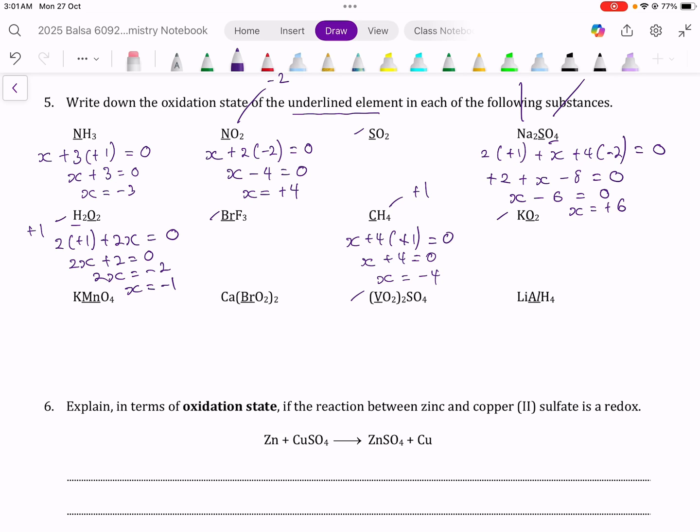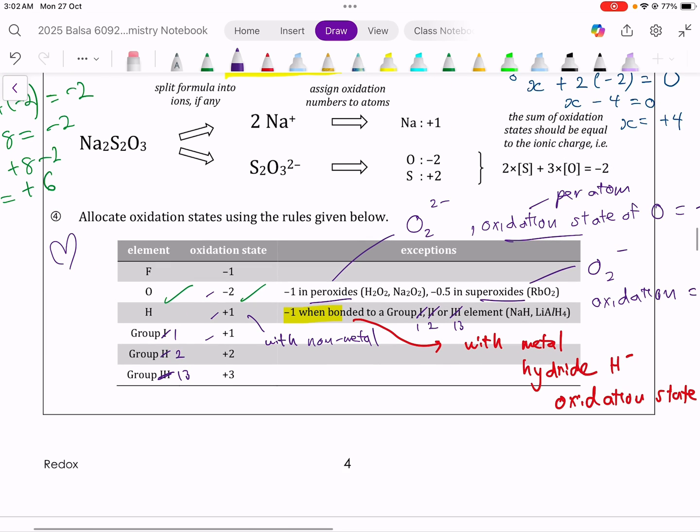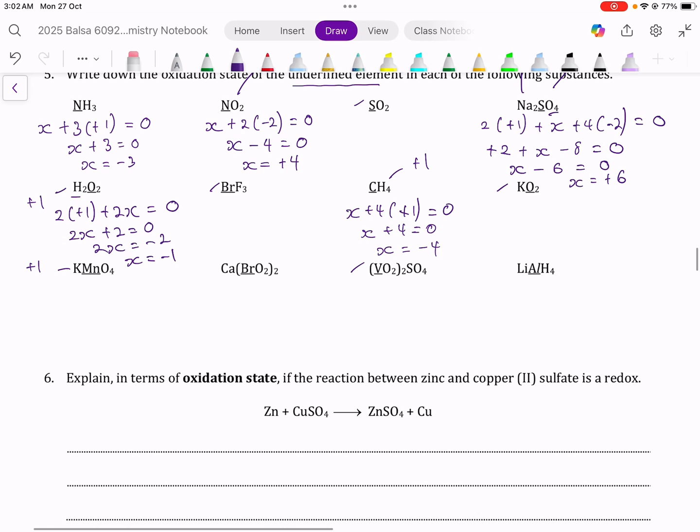So the next one, the Mn. Potassium is +1 because group 1 can pre-assign, you see. Oxygen is -2, so I got +1 plus X, then 4 oxygen, each one -2, overall equals to 0, so +1 plus X -8 equals to 0.